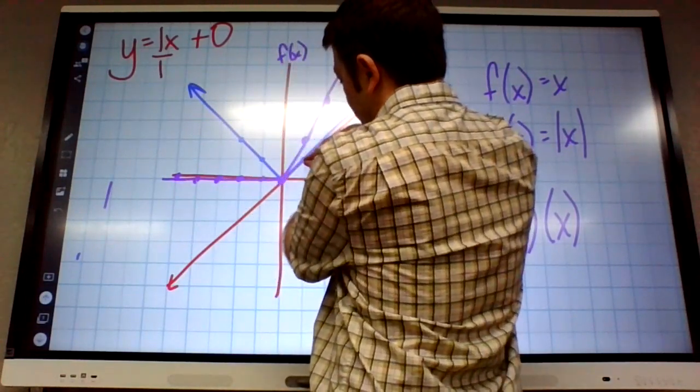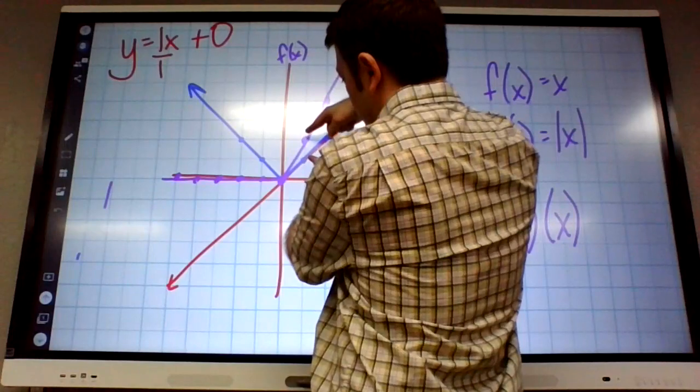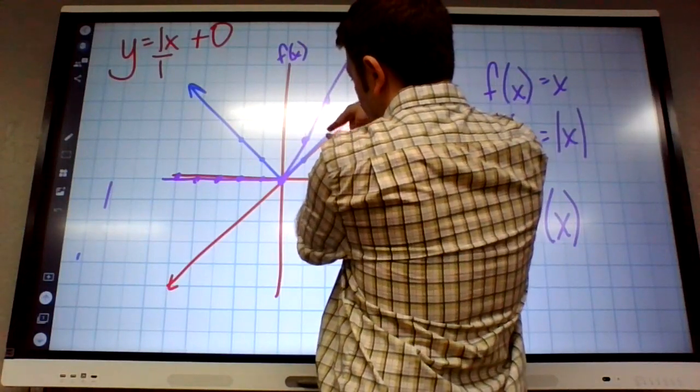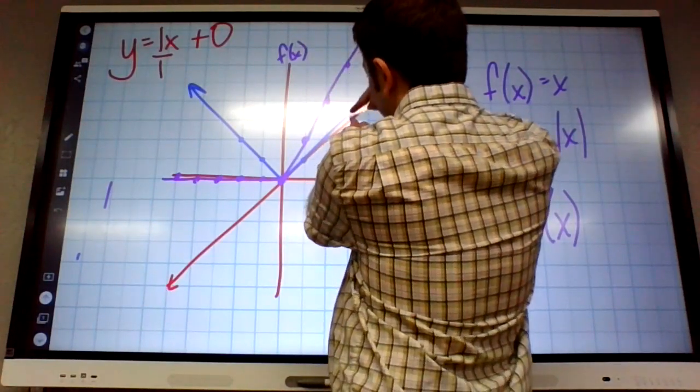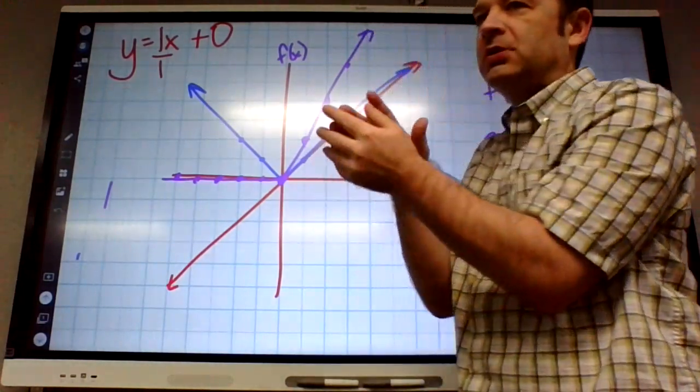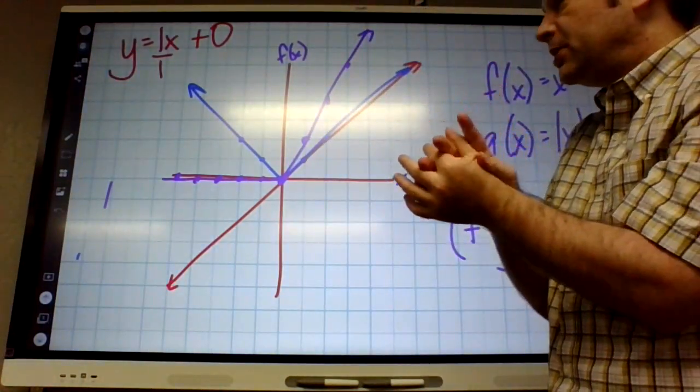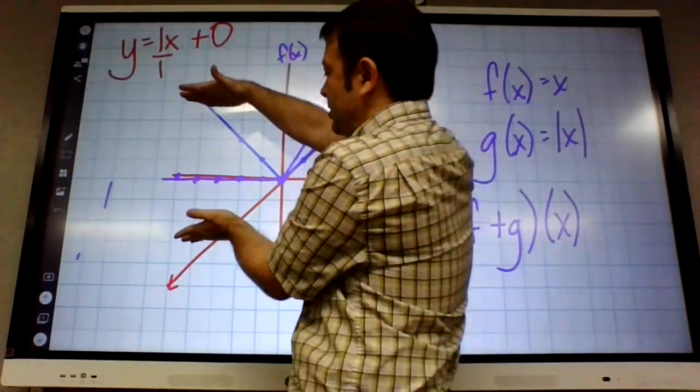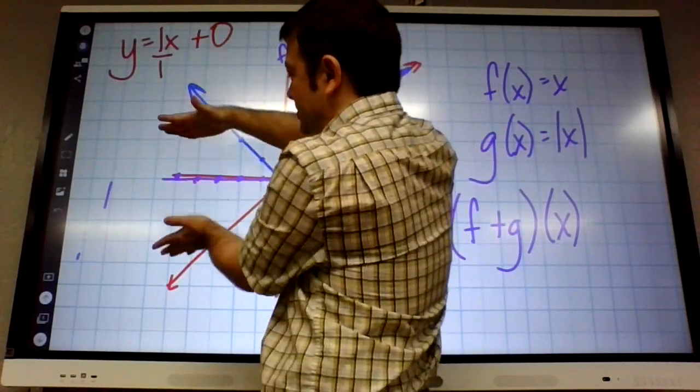And then over here it was 1 plus 1 is 2. 2 plus 2 is 4. 3 plus 3 is 6. Okay, so it's just adding the two points together? Right. The y values represent how high and low it is, which represents the function value.